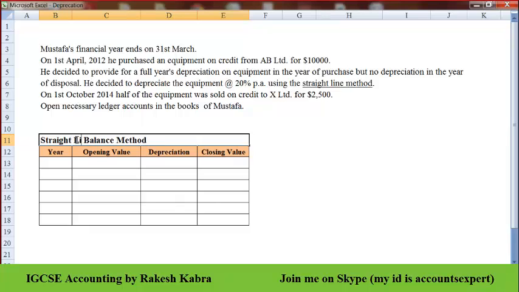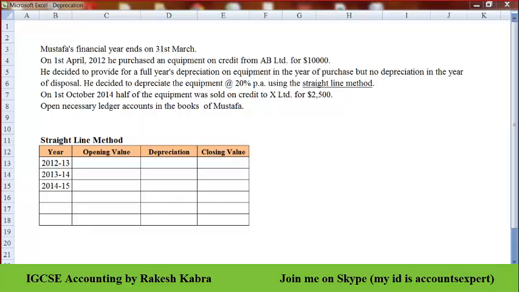Okay? Now see, first I will write the years. In which year did he buy the equipment? In 2012-13. So 2012-13 is the first year, then the second year is 2013-14, and the third year 2014-15.